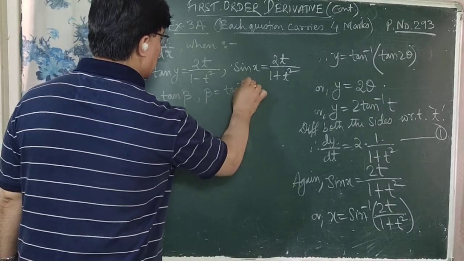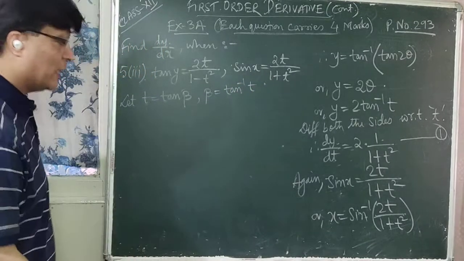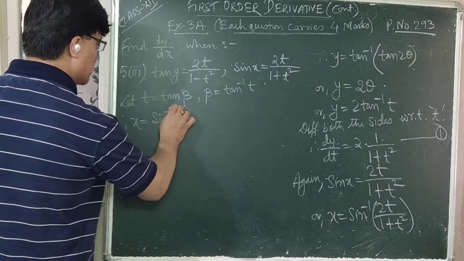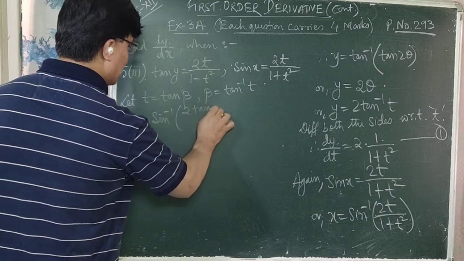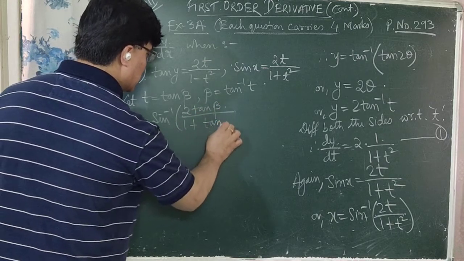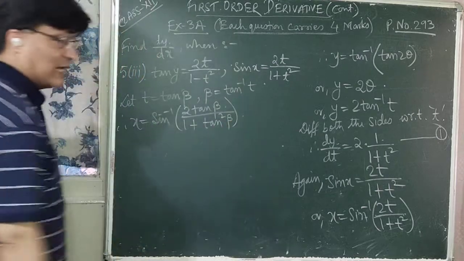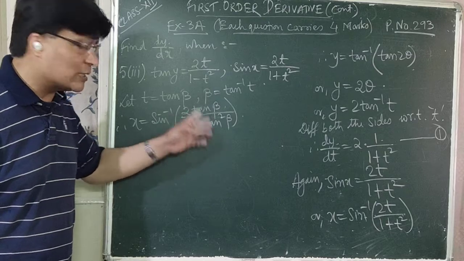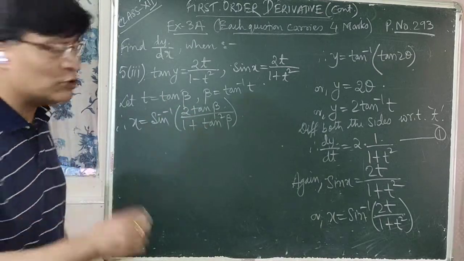It is tan inverse t. So now x is equal to sine inverse, within bracket, 2 tan beta divided by 1 plus tan square beta. Now you should know this formula. 2 tan beta upon 1 plus tan square beta, its formula is sine 2 beta, isn't it?